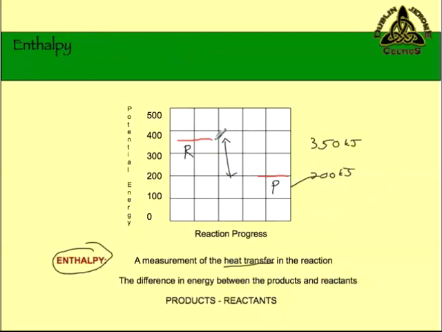So the change is negative because it's going down. Negative 150 is the enthalpy. There's a symbol for enthalpy. We call it delta H. Okay, so delta H, and H kind of talks about heat transfer if you want to remember it that way. It's the difference between the products and the reactants.